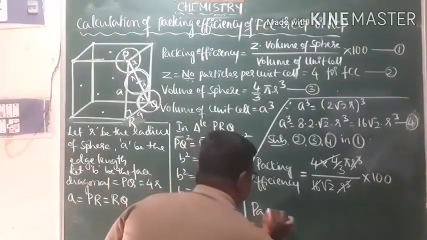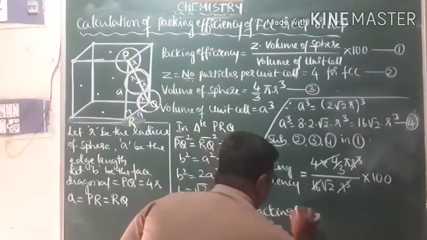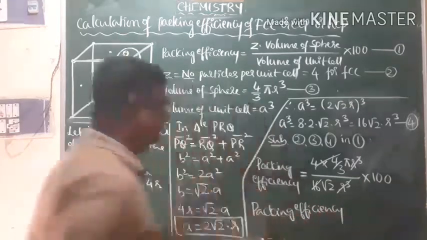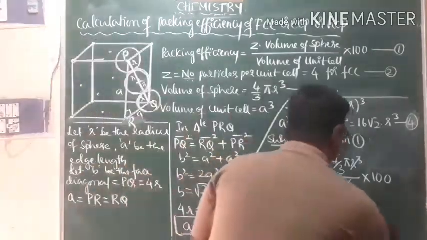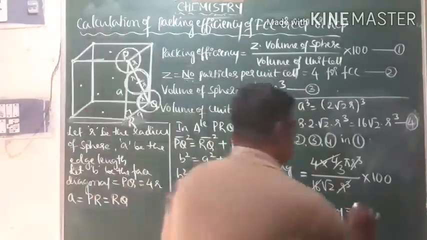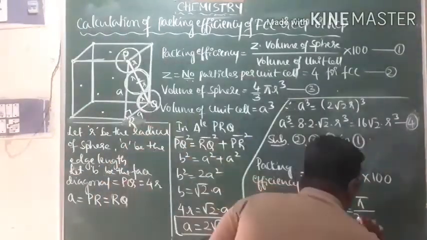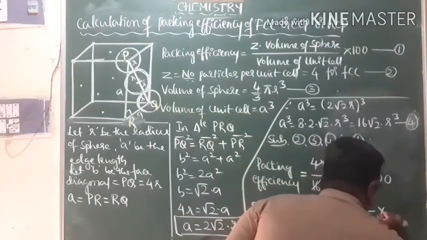That is packing efficiency equals pi by 3 root 2 into 100.